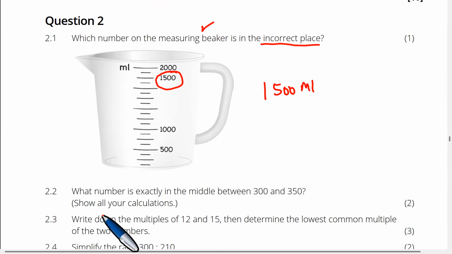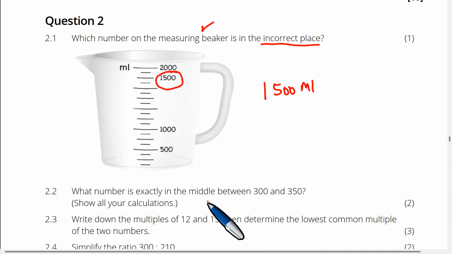Right. What number is exactly in the middle between 300 and 350? Show all your calculations. Is it 225? Okay, well done. Yes, definitely.